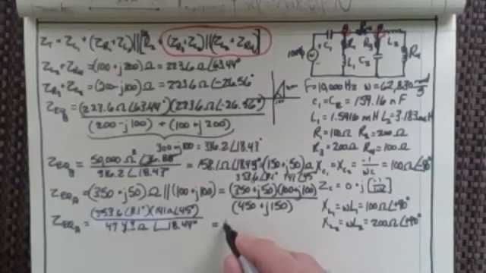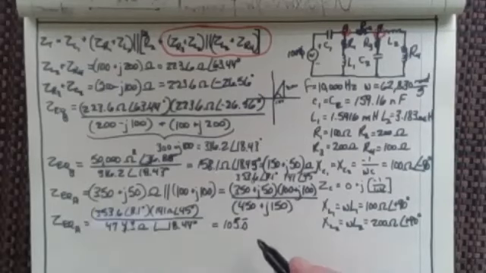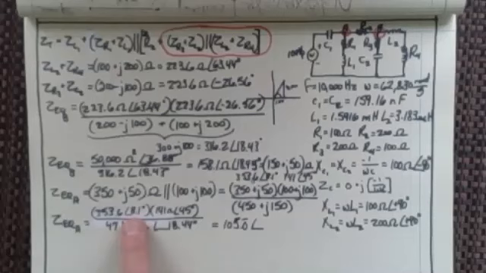So I'm going to say 105.0, and then an angle of 8.1 plus 45 equals 53.1, minus 18.44. And I think everybody sees why I've done the minus.